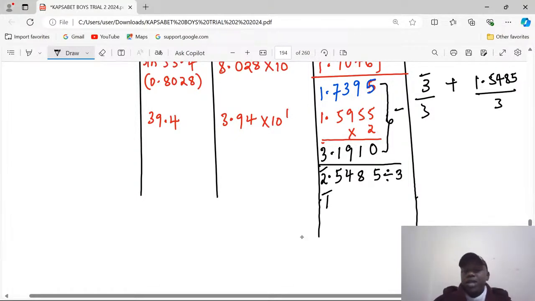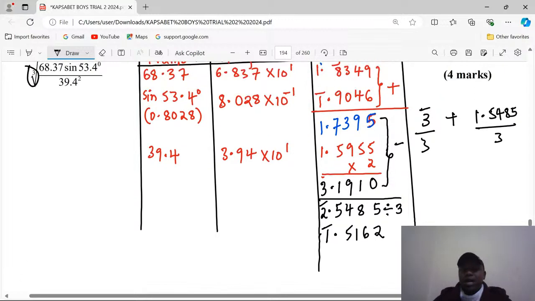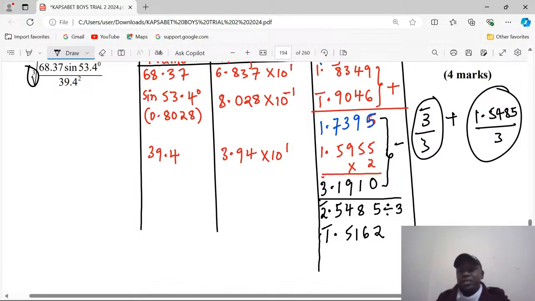Then we add the other part, 1.5485. We divide also by 3, and this part becomes 0.5162. That is what I'm getting after dividing the characteristic part by 3 alone and the Mantissa part by 3 alone.